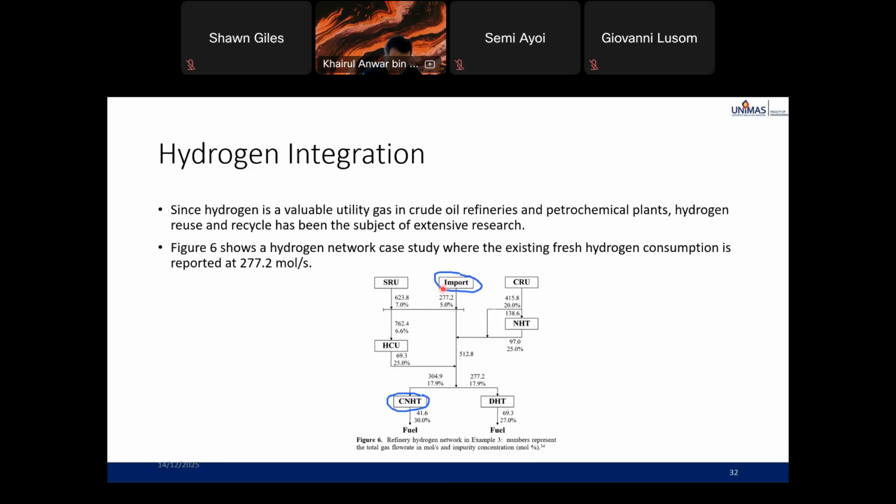There are 4 hydrogen consuming processes in this case study: hydrocracker unit, naphtha hydrotreater NHT, cracked naphtha hydrotreater CNHT, and diesel hydrotreater DHT.